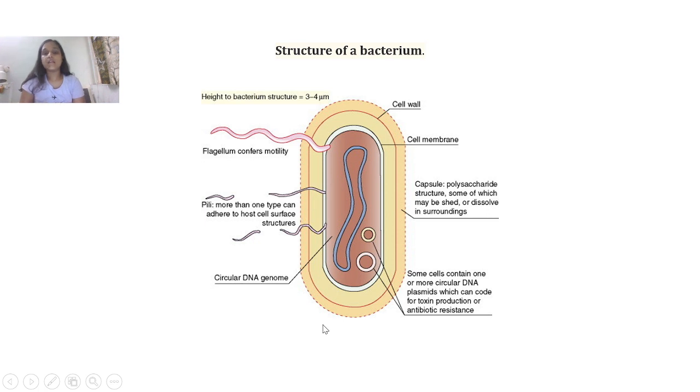Then, like we have a plasma membrane, the bacteria also has a cell membrane. There is a capsule, that is a polysaccharide structure, some of which may be shed or dissolved in the surroundings. Then there is DNA, in different forms. Mostly the bacterial DNA is circular in nature, which we call plasmids.